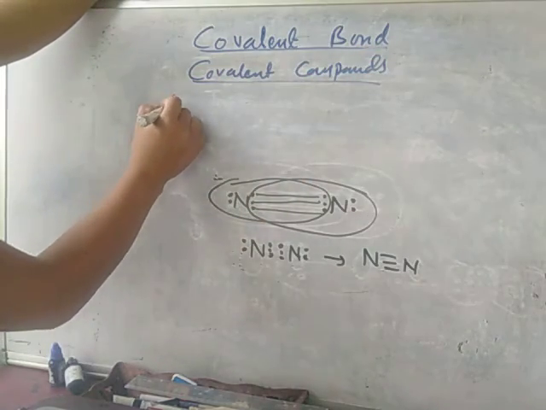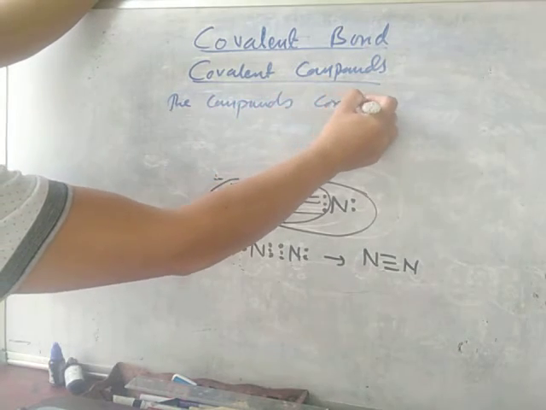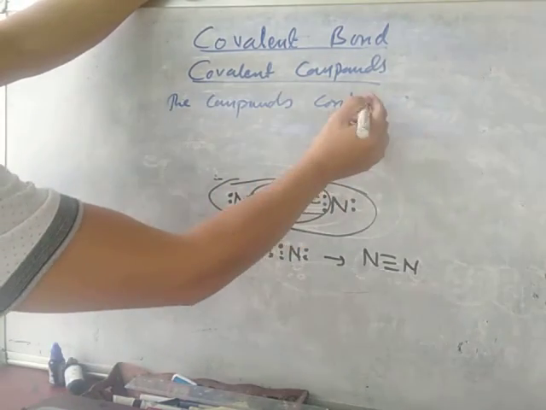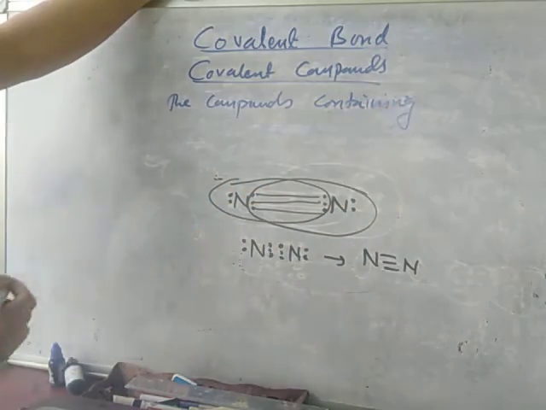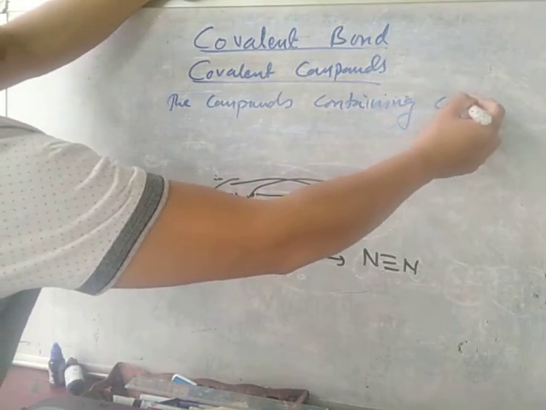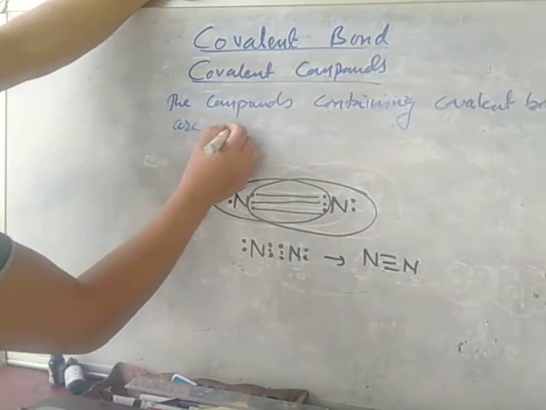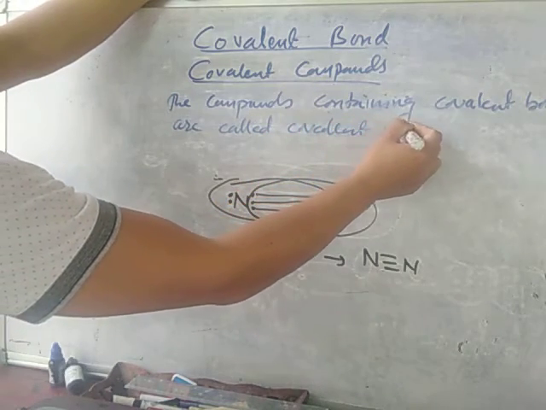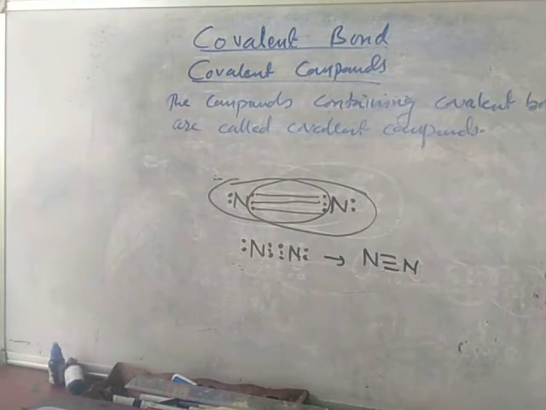The compounds containing covalent bonds are called covalent compounds. This is an easy one, isn't it? So just sharing of electrons they form.